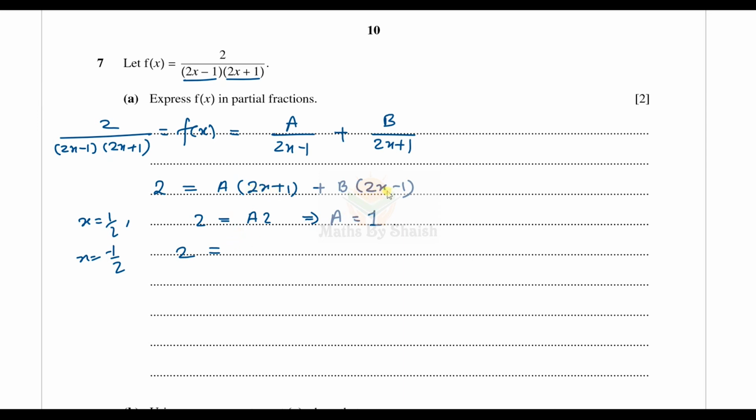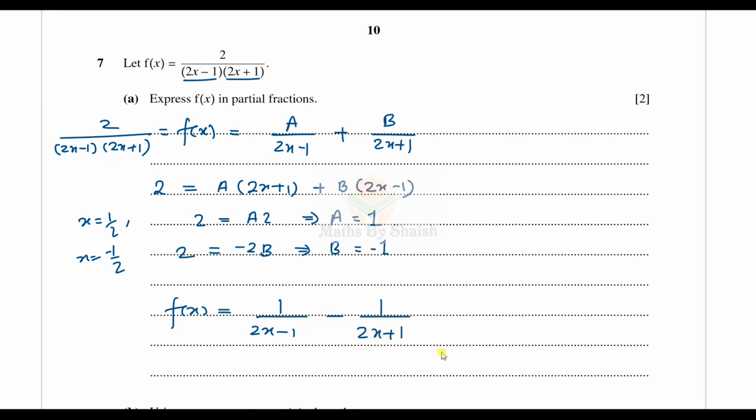So B times this is minus 2, so minus 2 times B, and hence the B value is going to be minus 1. Hence f(x) in partial fraction form is 1 upon 2x minus 1 minus 1 upon 2x plus 1. I hope it is clear.